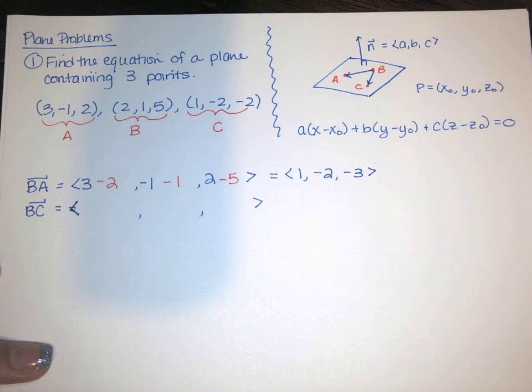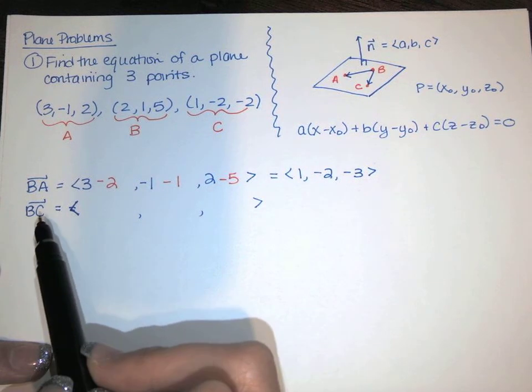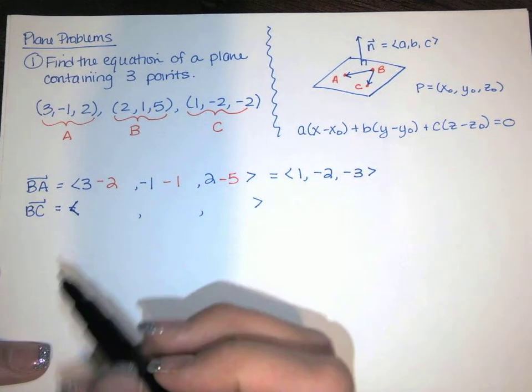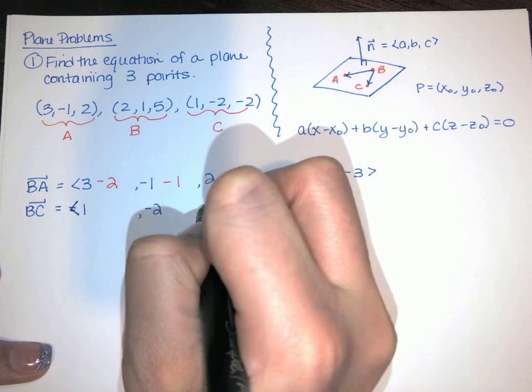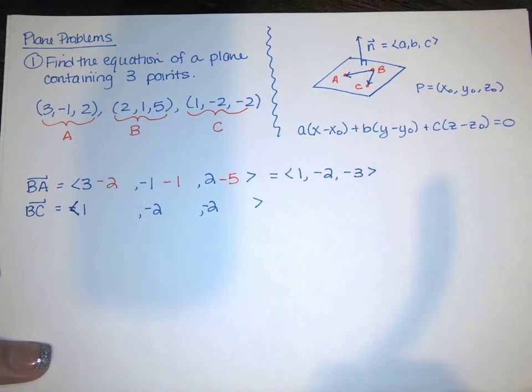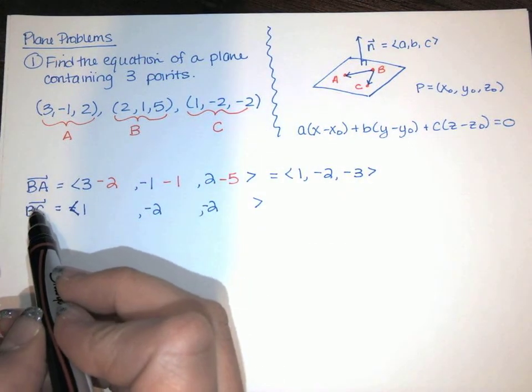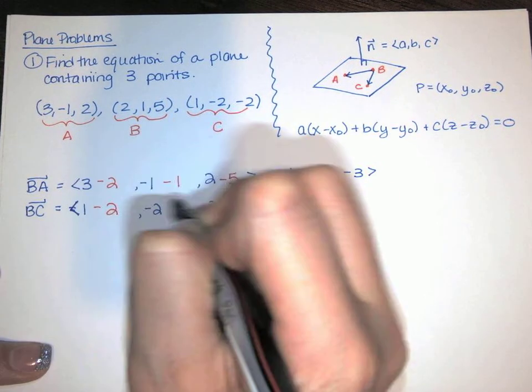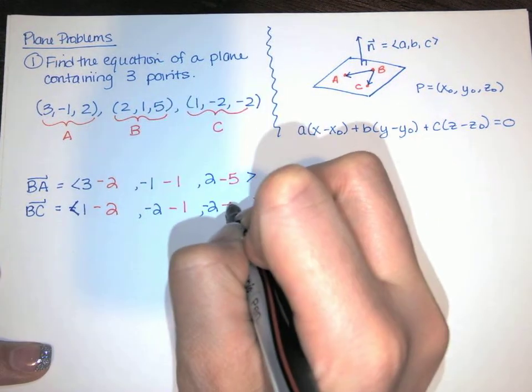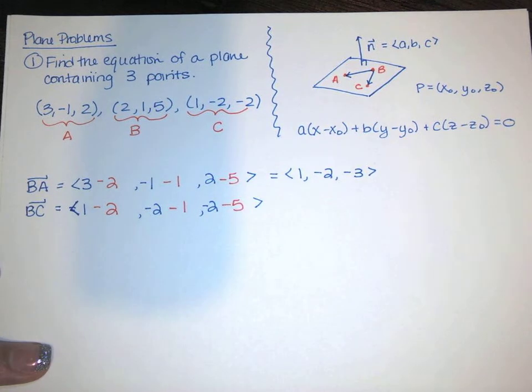And then down here we're going to do the same thing. Start with a terminal point, which I chose to be C. Take its coordinates. And then from those we're going to subtract the coordinates of the initial point, which is B. So subtract 2 and subtract 1 and subtract 5. And then simplify.